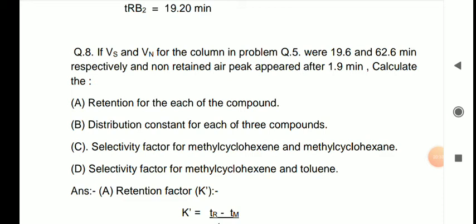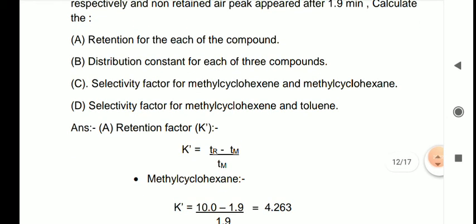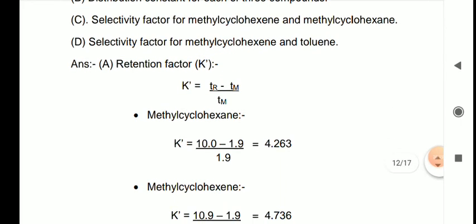Now retention factor K dash is given by TR minus TM upon TM. TM is 1.9, and 10 is the TR value for cyclohexane. So the retention factor for cyclohexane is 10 minus 1.9 upon 1.9, that is 4.263.